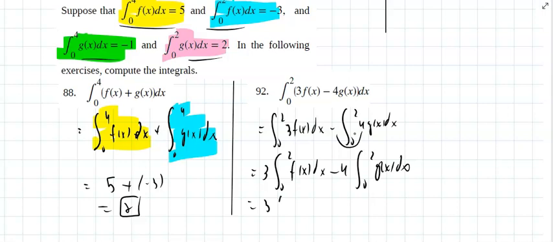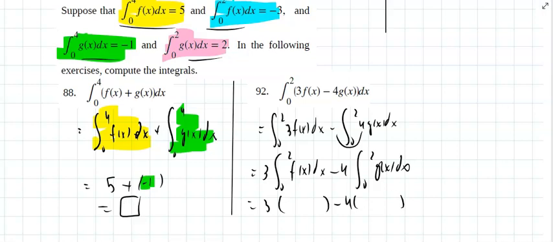Oh, I marked the wrong one, didn't I? I should look more carefully at the color. And that's not a negative 3, that's my mistake. That was the green. 0 to 4 is right there. That's a negative 1.